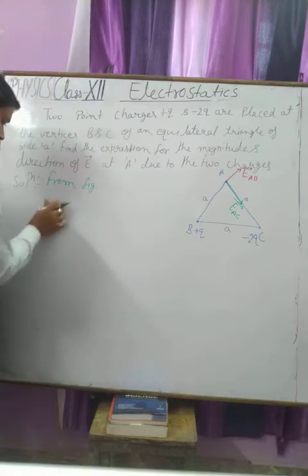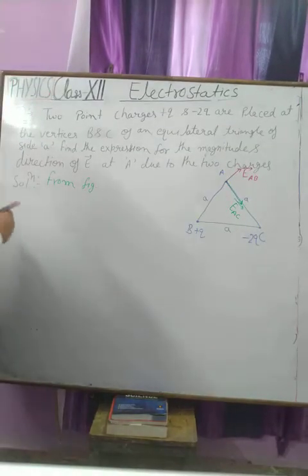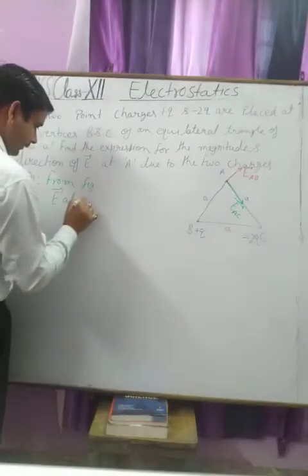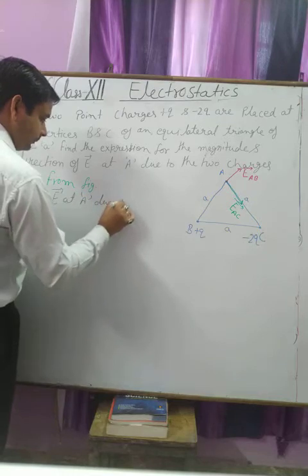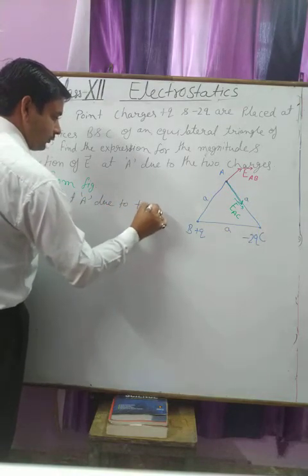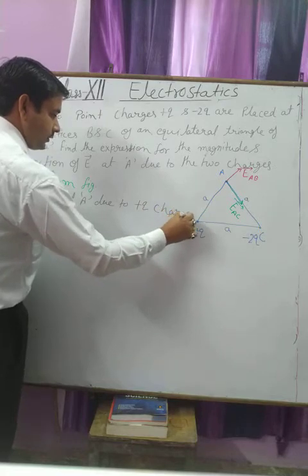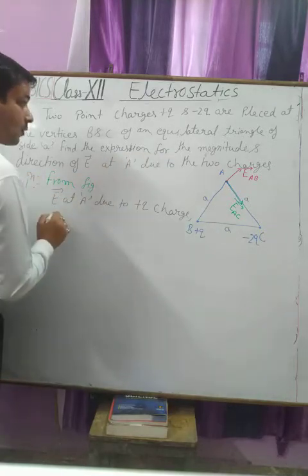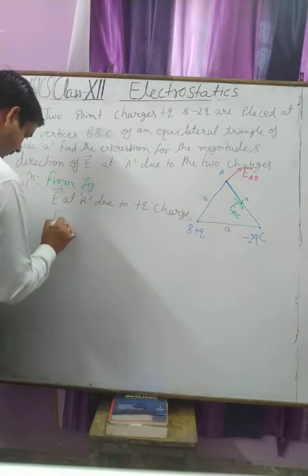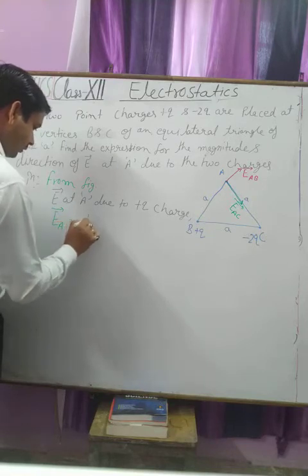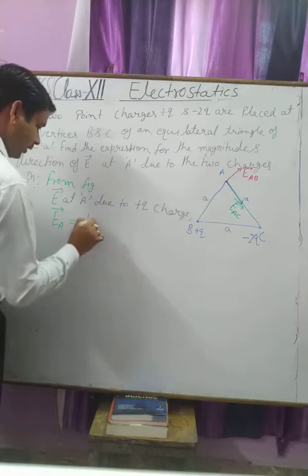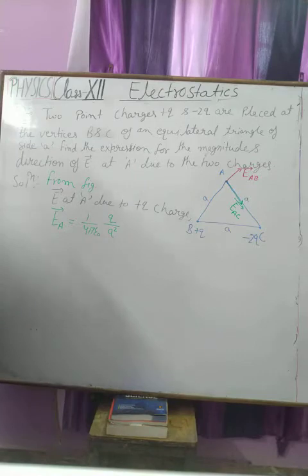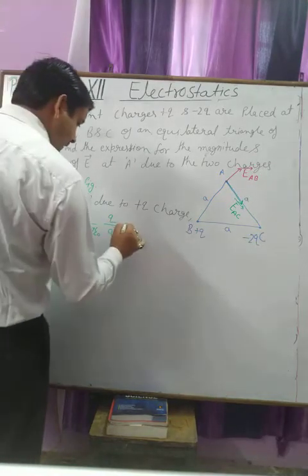the electric field at A due to plus Q charge is EA equal to 1 upon 4 pi epsilon naught Q upon A square. This is equation first.